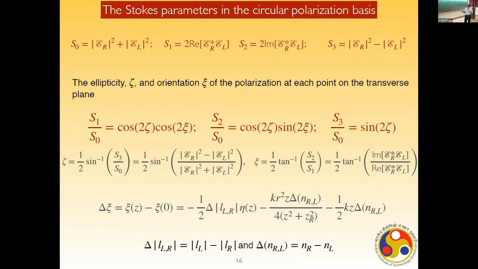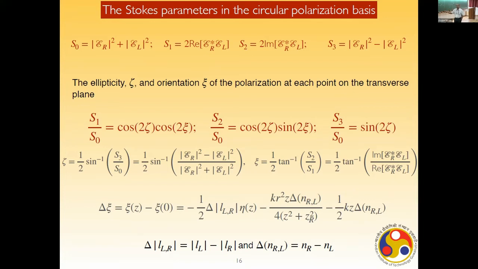And then ultimately we got this analytical result. It depends upon the variation of the angular momentum, L_R and L_L. If L_R and L_L are the same value, there is no rotation due to this angular momentum.